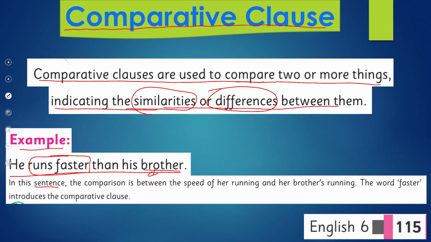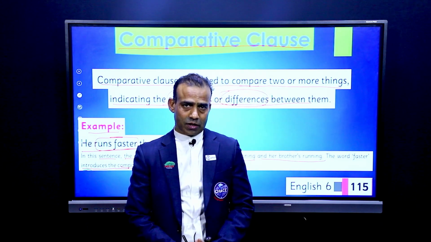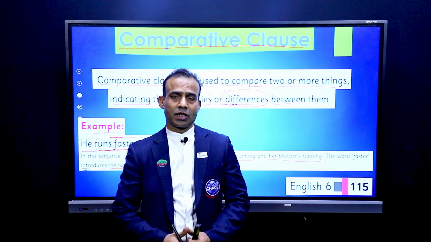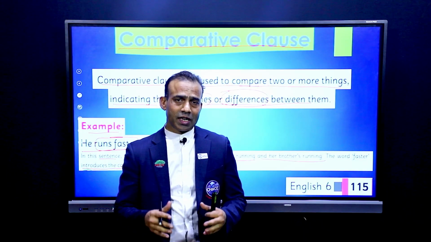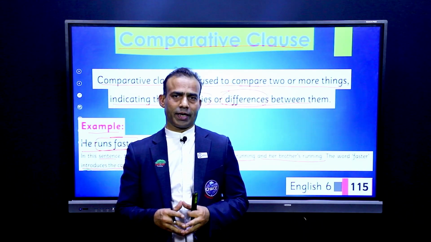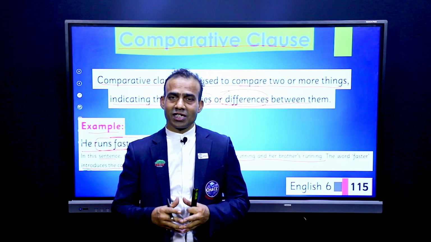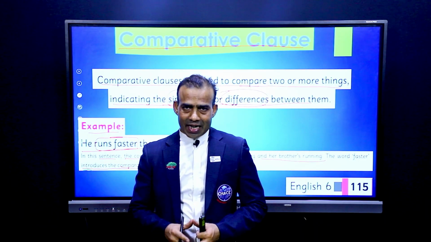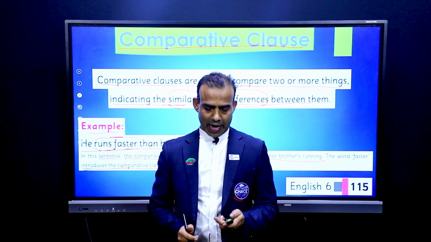In this sentence, the comparison is between the speed of his running and his brother's running. The word faster introduces the comparative clause. So we can say that a comparative clause tells us about the comparison of two or more things based on similarities. Let's move to the next slide.